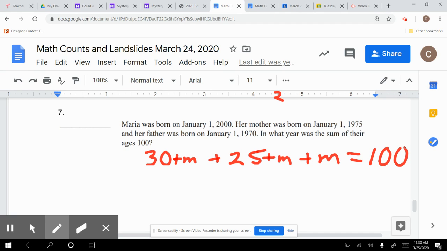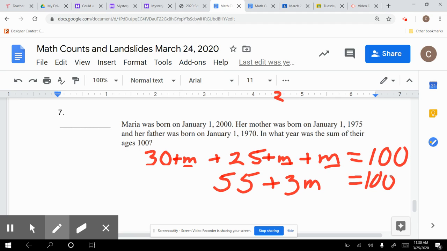Okay, so I combine like terms. Once again, we say this a lot in algebra. I'm going to combine my integers. I have 30 and 25, which leaves me with 55. Now I have 1, 2, 3 m's, so plus 3m equals 100.